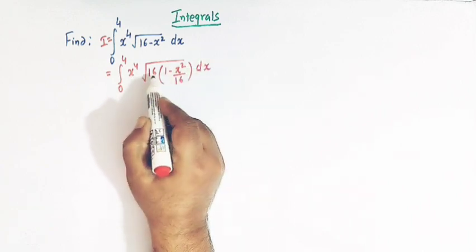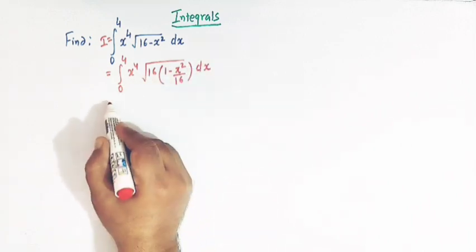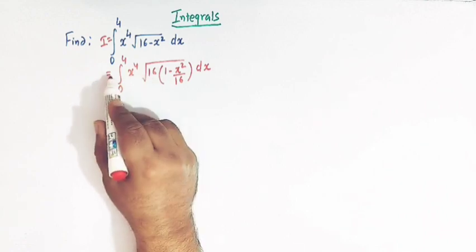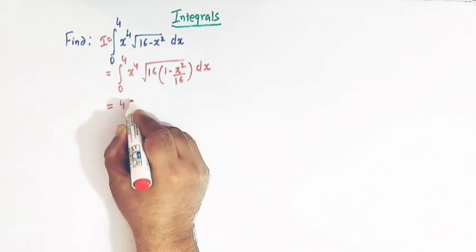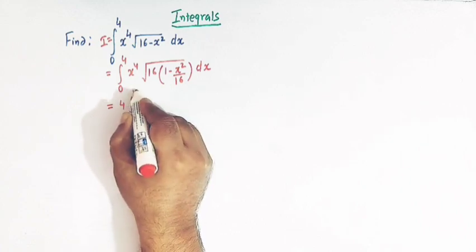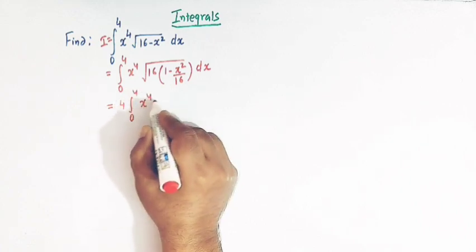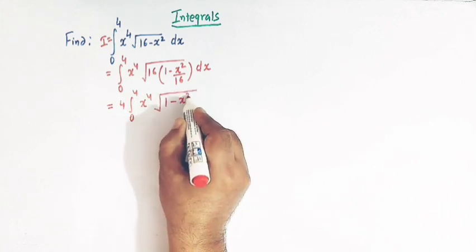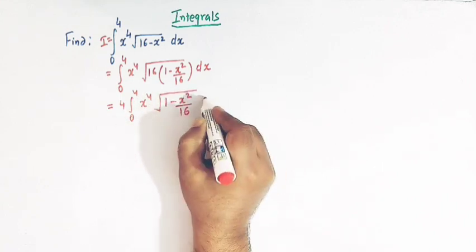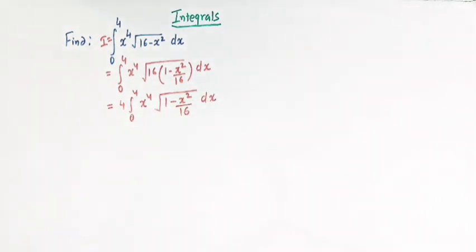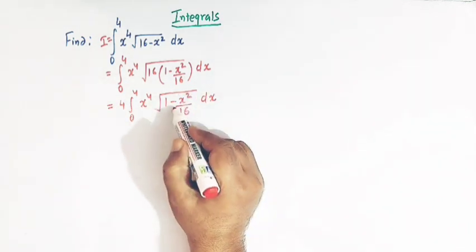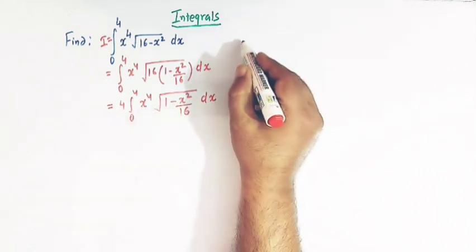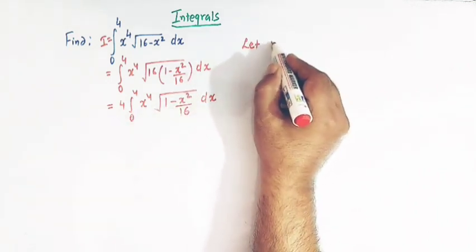And then we can take the square root of 16, and the square root of 16 is 4. We can take 4 outside the integral sign, right? So we have 0 to 4 x raised to 4, and here we have square root of 1 minus x square over 16, right?